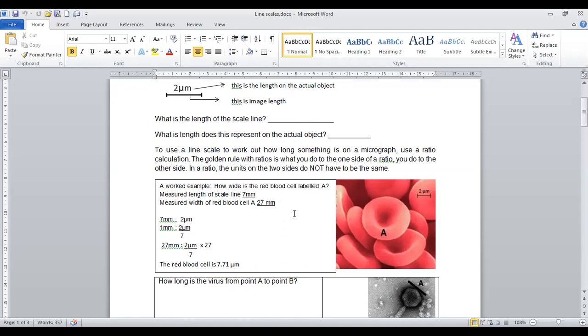So now the question is, how wide is this red blood cell in reality? If you actually got a red blood cell, how wide would it be? So 7 millimeters, which was this line, represents 2 micrometers, which is this figure above the scale line.